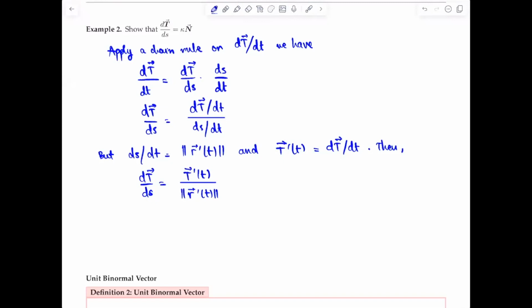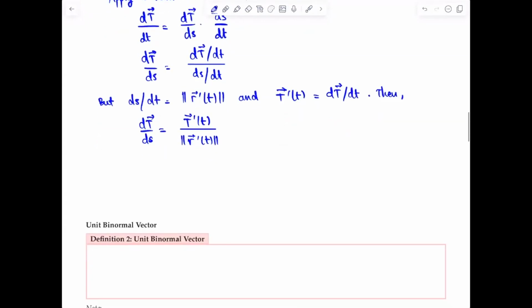So in addition, you see that the magnitude of r prime of t is equal to the magnitude of T prime of t divided by kappa, where kappa is the curvature.